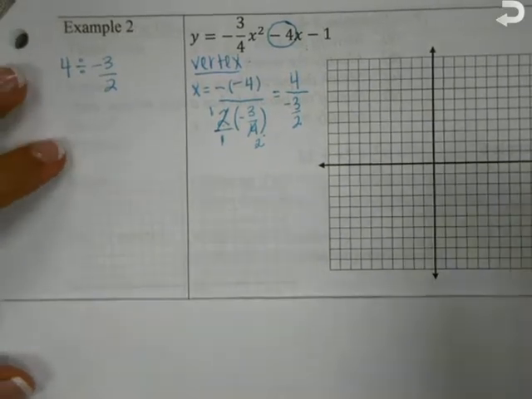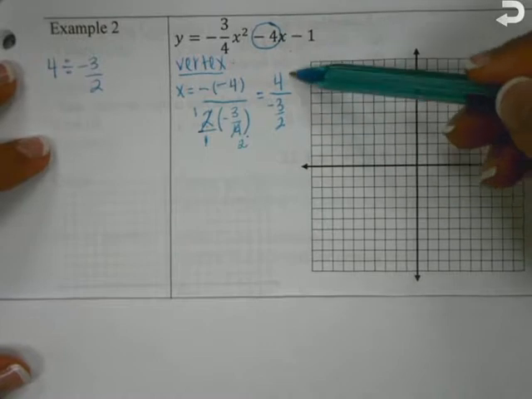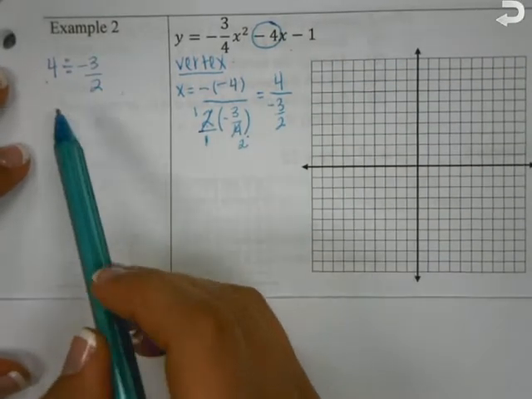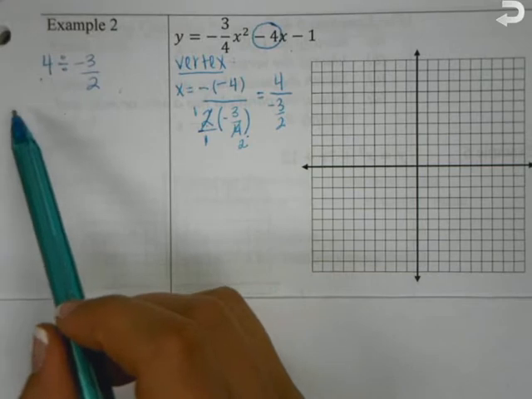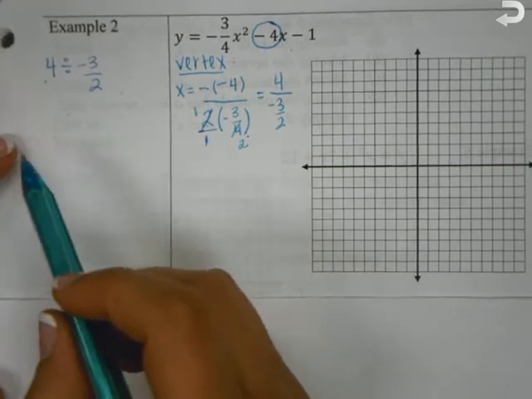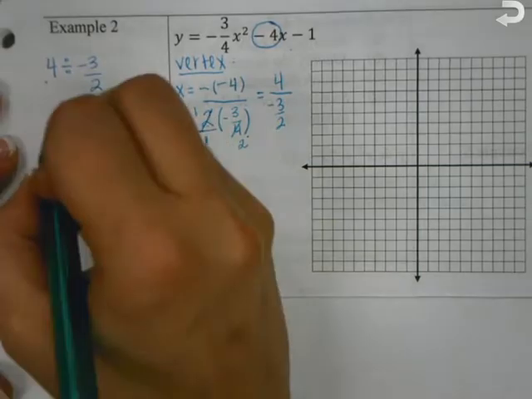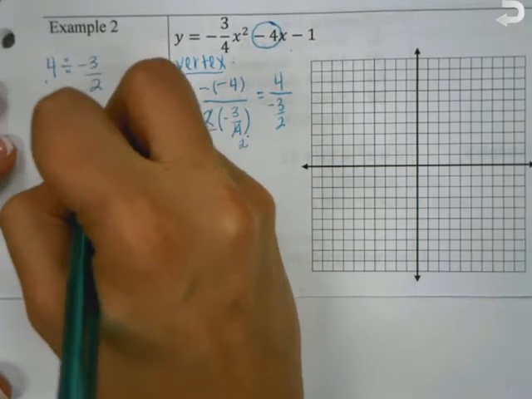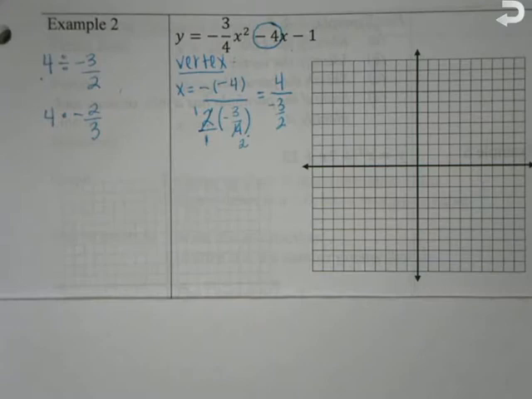It means I'm multiplying by the reciprocal. So this is the same as 4 times negative 2 over 3, yes? Okay. So what does that give me? Negative 8 over 3. So x is equal to negative 8 over 3.